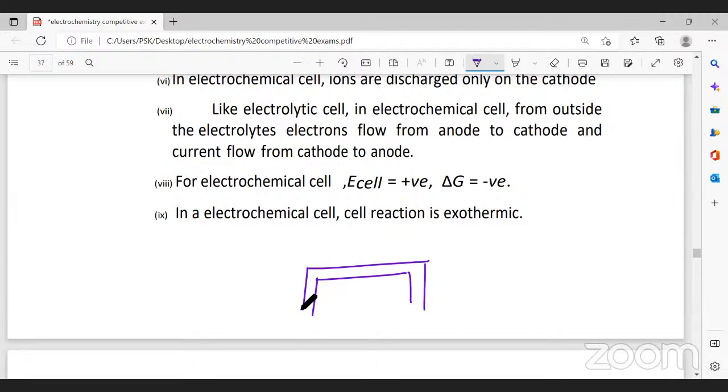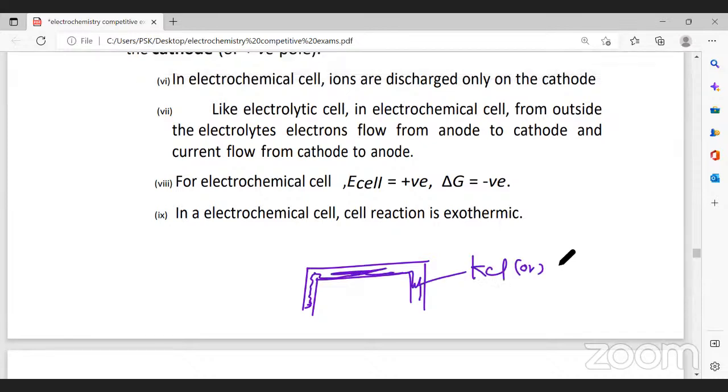In this tube, we have a saturated solution of KCl, ammonium chloride, or potassium nitrate. Only these can be used to prepare a salt bridge.